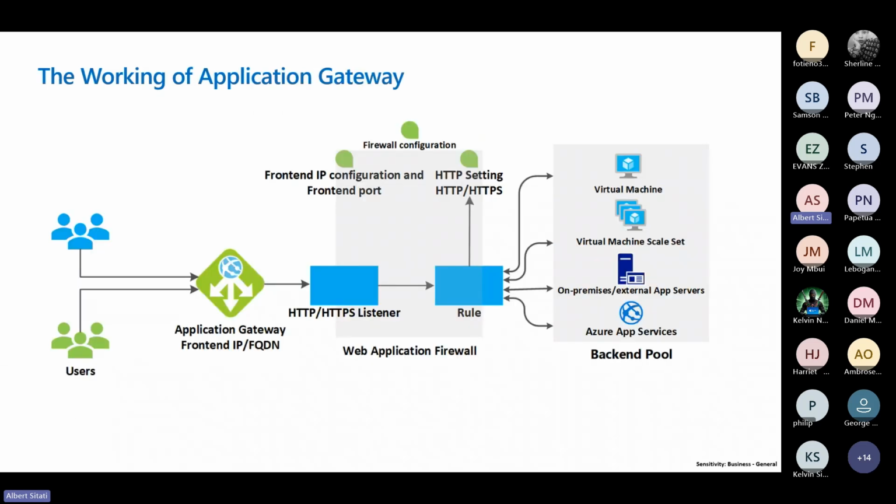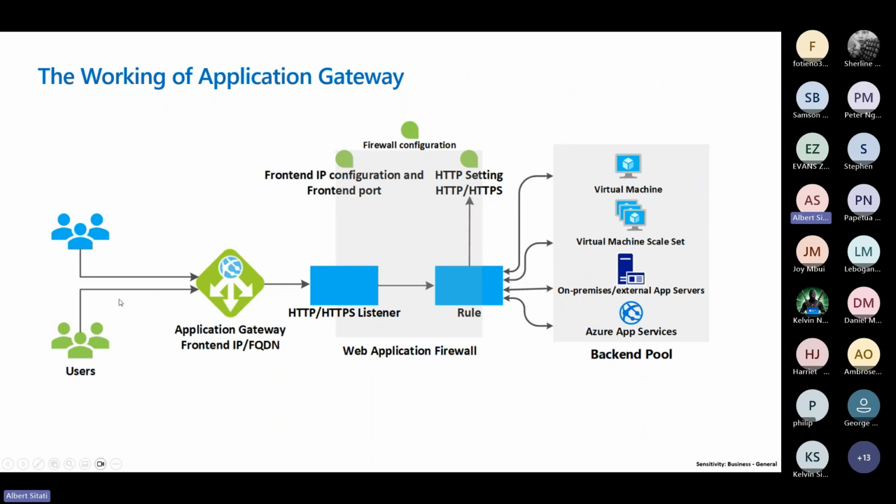So how does this work? We have talked about all those components. So let's have a pictorial picture of it, to see how, from the first point that you're initiating a request, it goes to the backend and how it comes back to you. In this case, we have a user here, accessing maybe our application, which we are hosting on a virtual machine. We are hosting there something like Azure Kenya User Group.com. That is our website that is sitting on either a virtual machine or on app service.